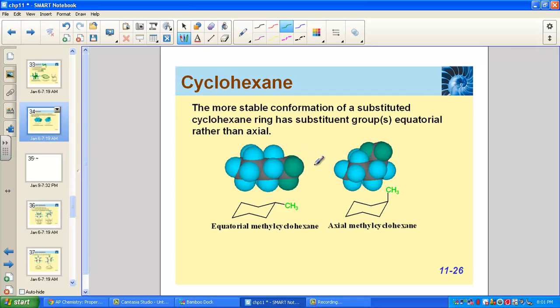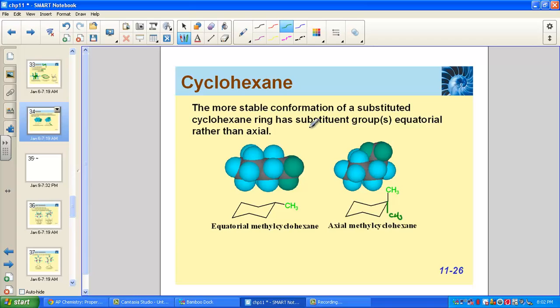In that most stable conformation, when we start placing substituent groups onto the cyclohexane structure, we will label those as equatorial, lying in the same imaginary equator, the same parallel plane as the cyclic structure, or we could label them as axial, straight up, or perhaps straight down, like the methyl group.